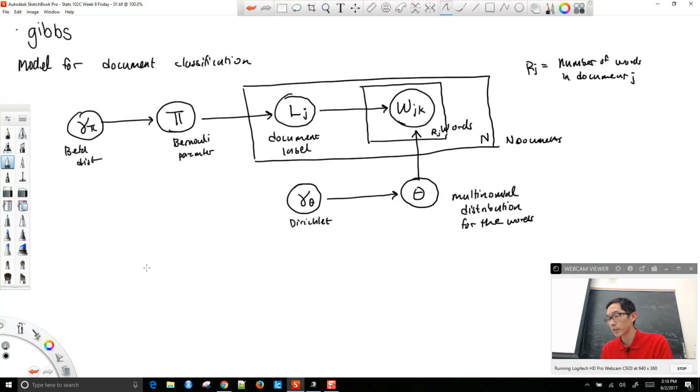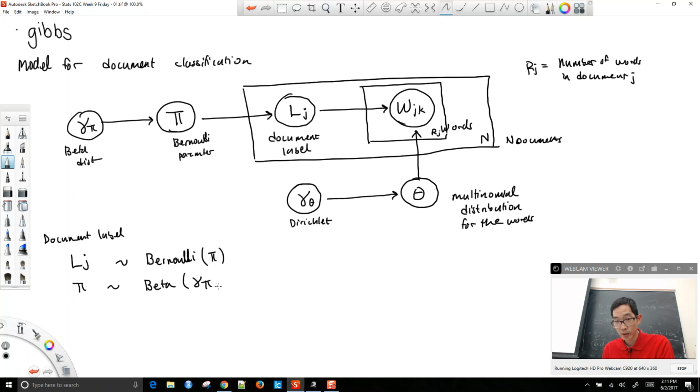And if we want to just say each of these things, we can say L sub j, the document label, comes from a Bernoulli distribution with parameter pi, and pi itself comes from a beta distribution with vector gamma pi, gamma pi 0 and gamma pi 1, but we'll make it a vector.